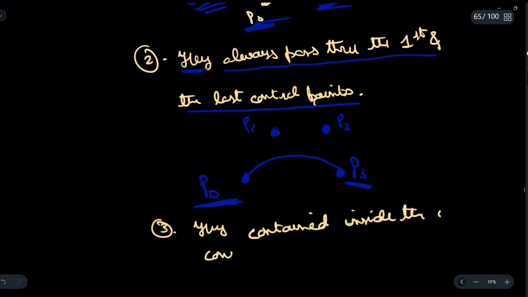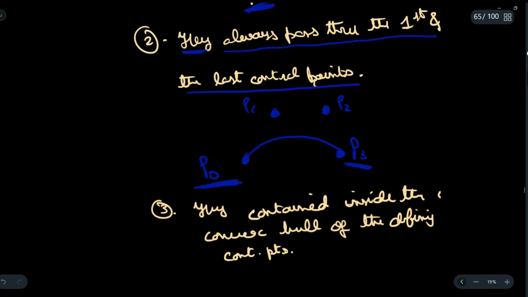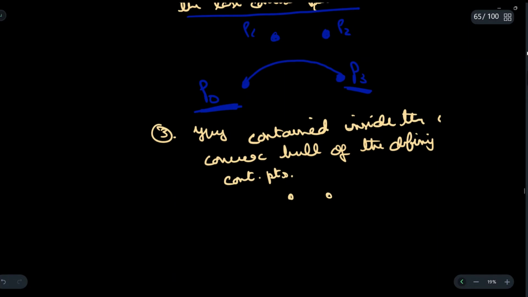Suppose we again have a cubic Bezier curve with P0, P1, P2 and P3. Suppose we draw the Bezier curve from P0 to P3, satisfying property number 2.